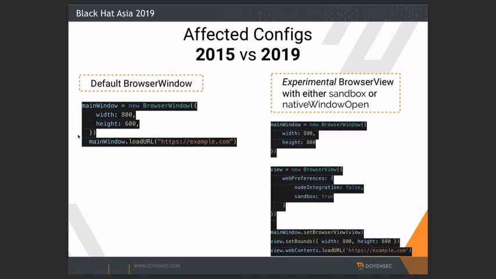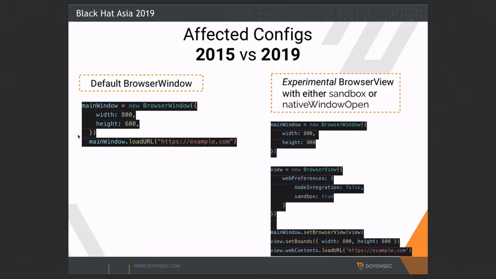But if you look, for example, at something that was in 2015 or 2019, you clearly see a difference, which is what is the configuration that was affected by the vulnerability. So in 2015, the one you see on the left, it was basically the default browser window. That's something that every single app has to use.